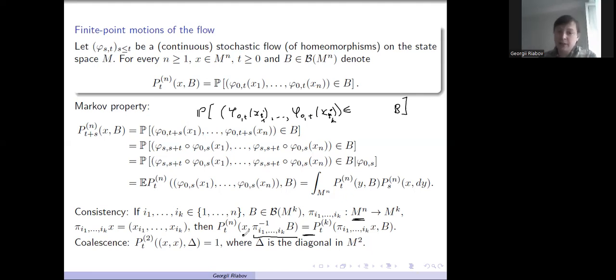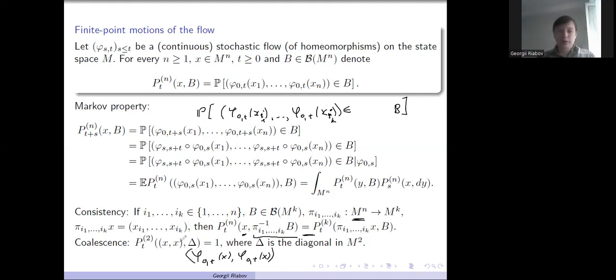And the second property is also very natural. If we look at the two-point motion of the flow, so the motion of two trajectories that started from the same point x, then they will always be equal, because we will look at the motion of the process phi 0 t x, phi 0 t x.